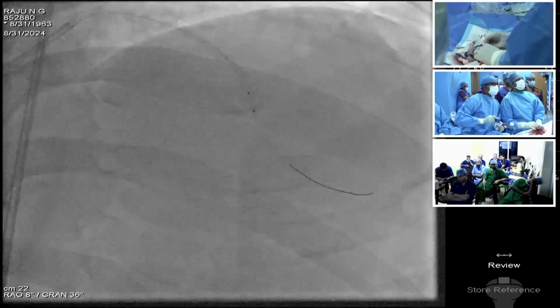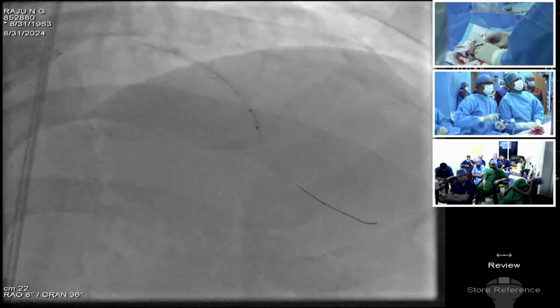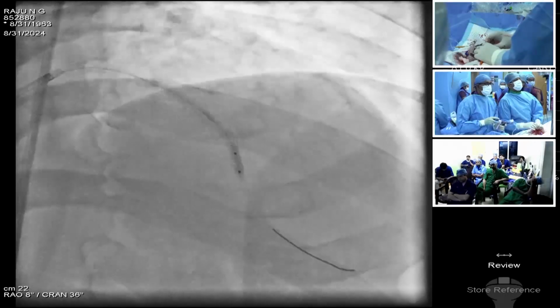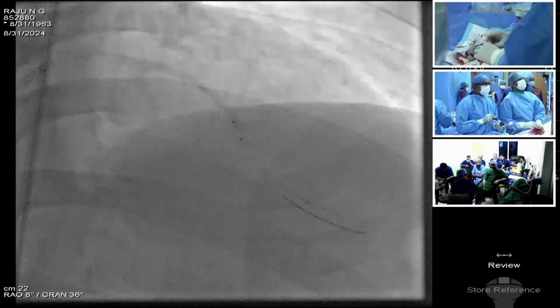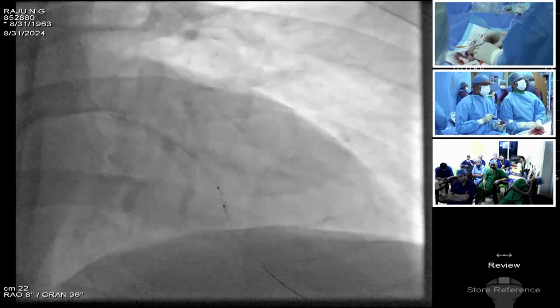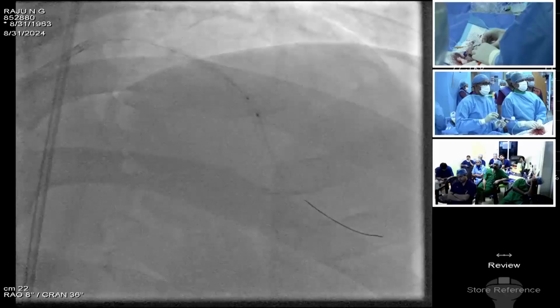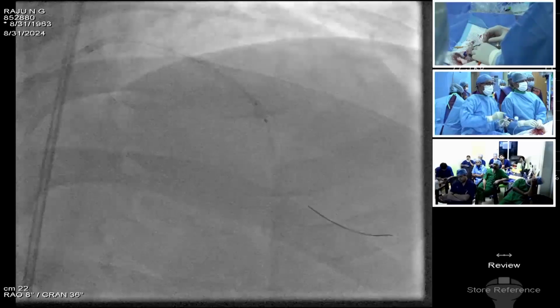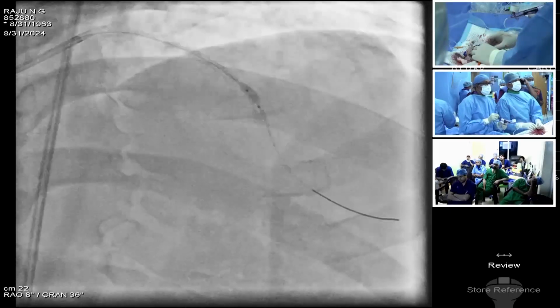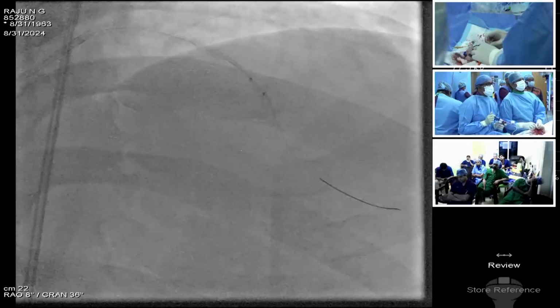Yes. Okay, position looks okay. 12, 14, 16, 18. Yes. കുറച്ചുകൂടെ distally will go. 18, little more distally.